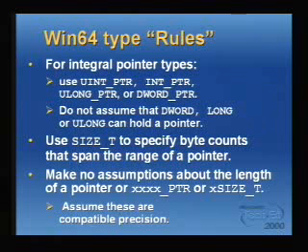So size T compiles to a 64-bit entity when you compile it for 64, so it's big enough to hold the size of a virtual alloc of a few terabytes. So you can't make any assumption about the length of a pointer or the length of the thing the pointer points to fitting into a traditional long or 32-bit int.